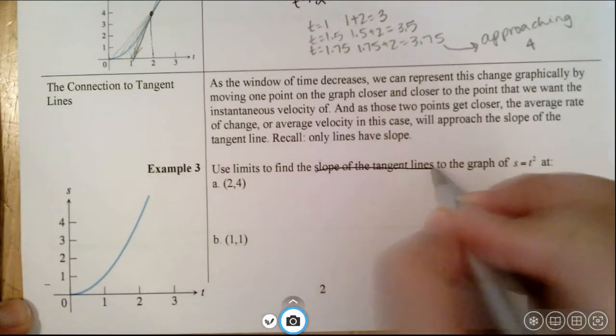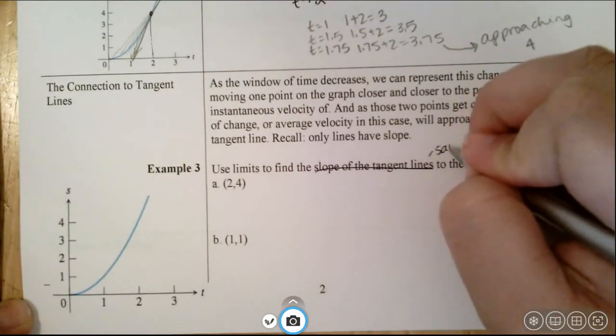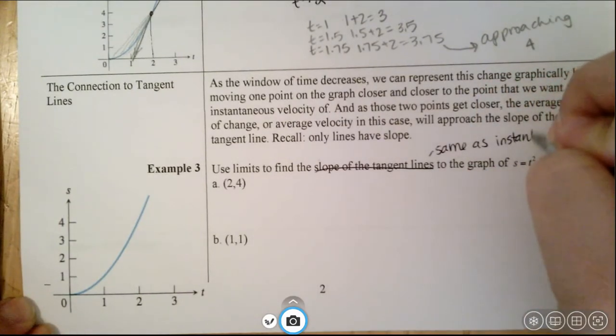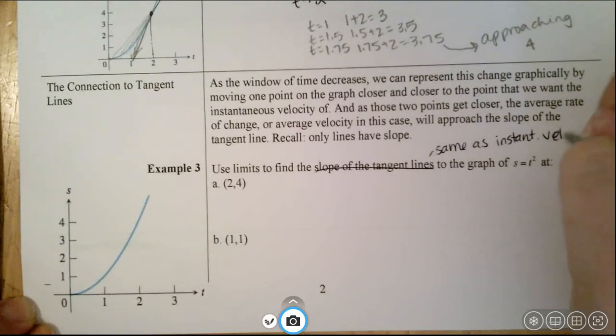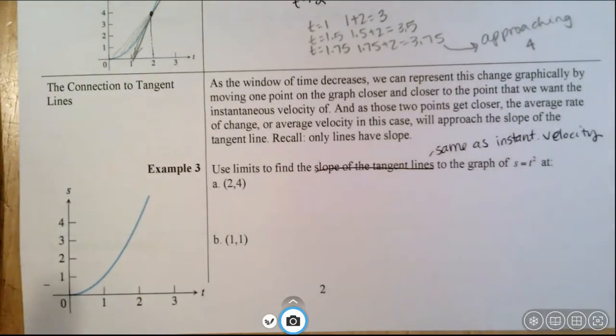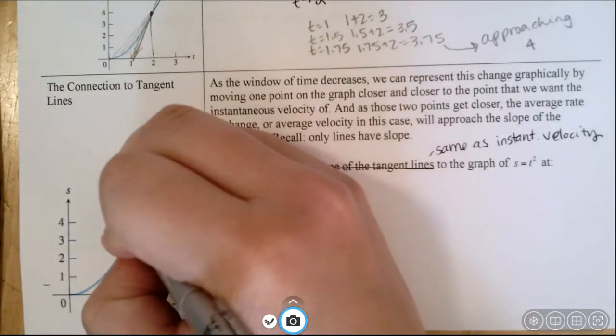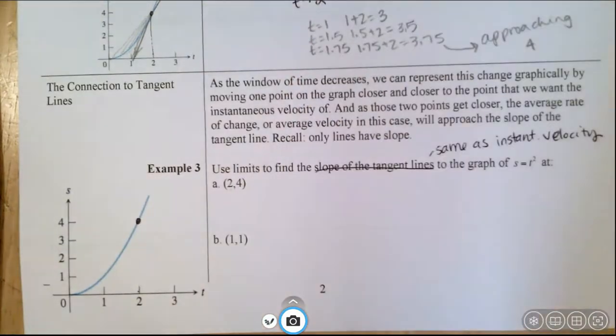Slope of the tangent line, same as instantaneous velocity. Okay, so if I want to find the slope of the tangent line at 2, 4, that's what we just did in our previous example.